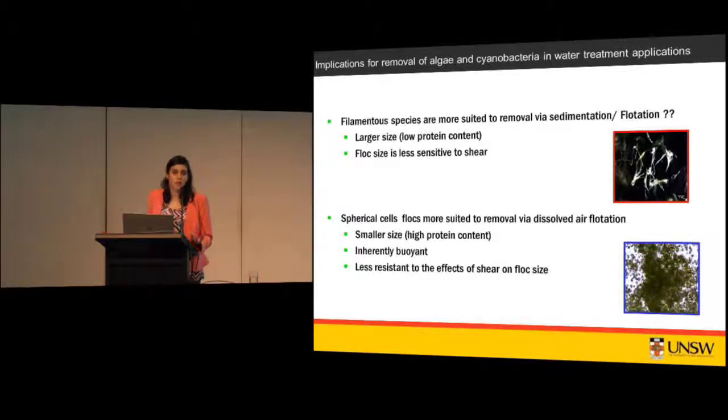So for small cells, like Microcystis 555, using flotation or just a filtration process will be enough to remove the flock.